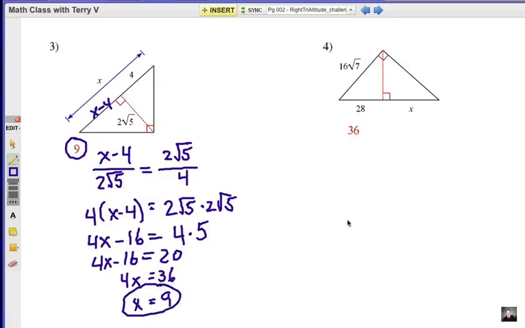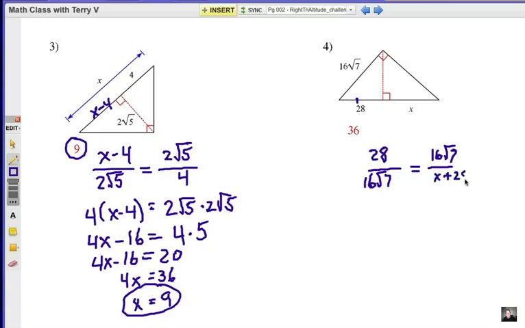All right. Number 4, the leg here, 16 radical 7, is going to be the geometric mean. So let's put that in those two places there, 16 radical 7 and 16 radical 7. It's the geometric mean between the near part here, which is 28, and the entire hypotenuse, which is going to be x plus 28.